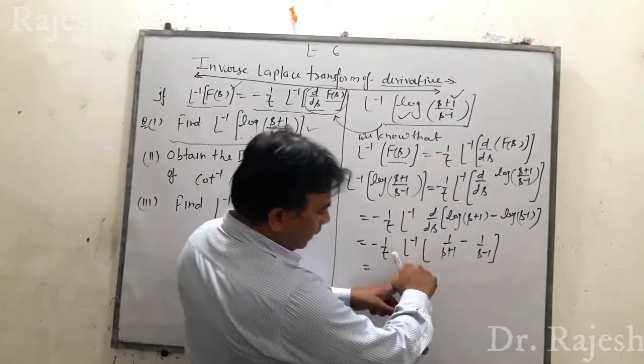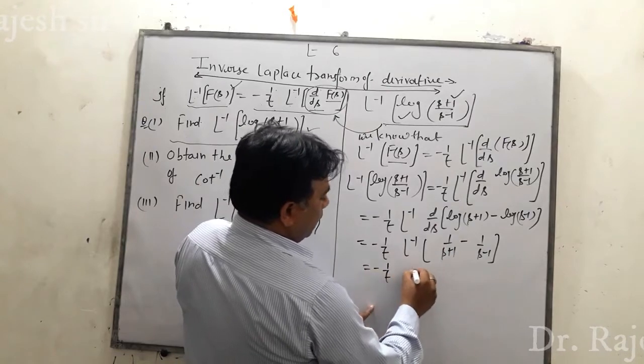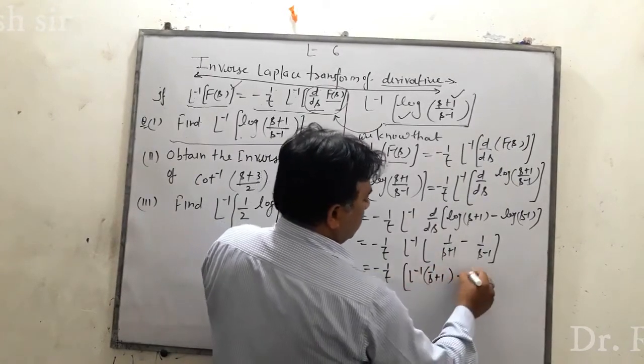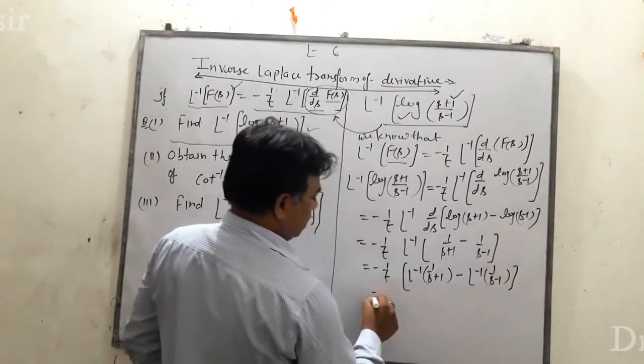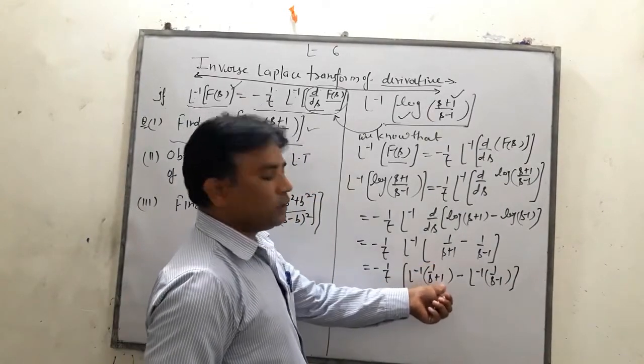Now taking the inverse Laplace transform: minus 1 by t times L inverse of 1 upon (s plus 1) minus L inverse of 1 upon (s minus 1).